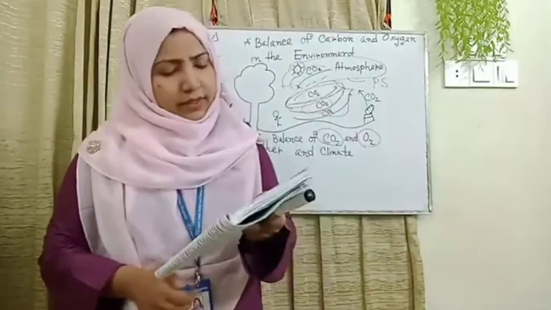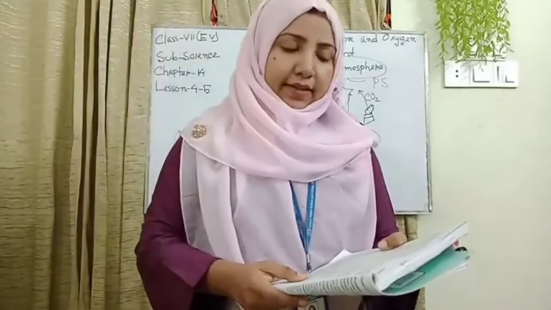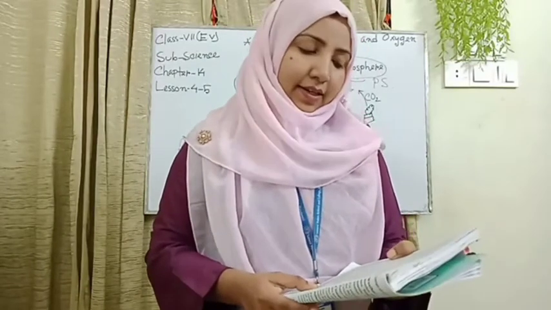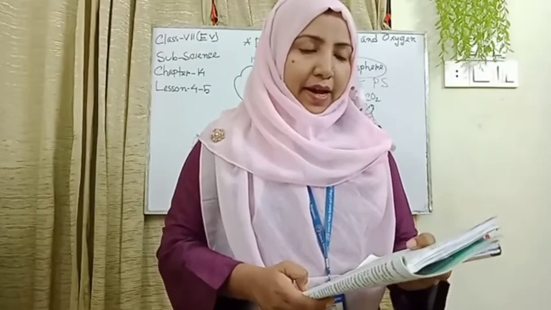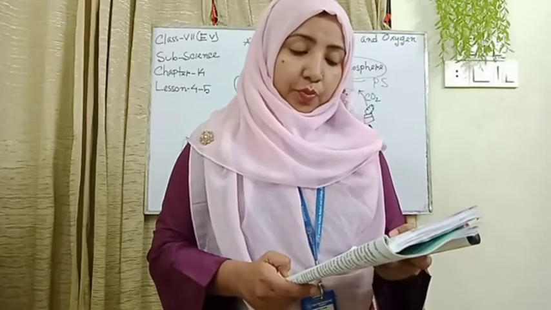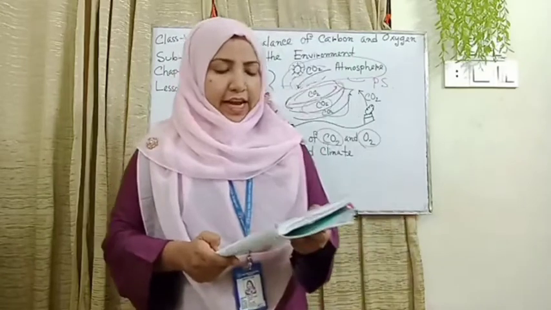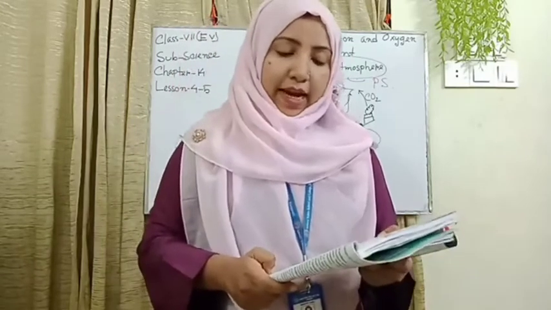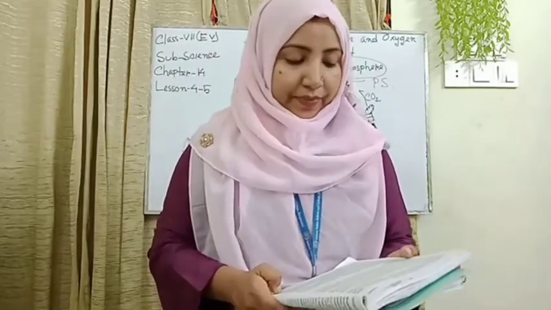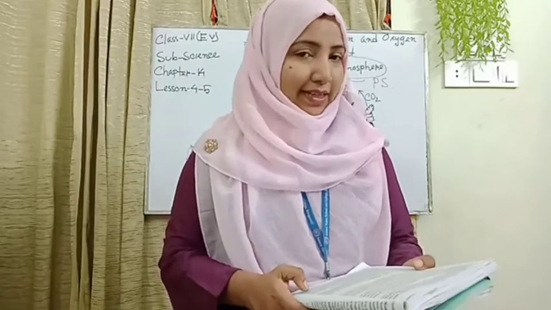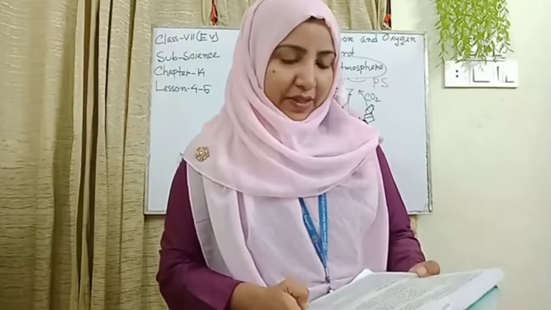Okay. Now it is clear that the plants collect carbon dioxide from the atmosphere and deposit it in plant and animal bodies through production of glucose. Carbon from plant and animal bodies goes back to the atmosphere in three ways. In this way, the balance of carbon dioxide in the environment is maintained.